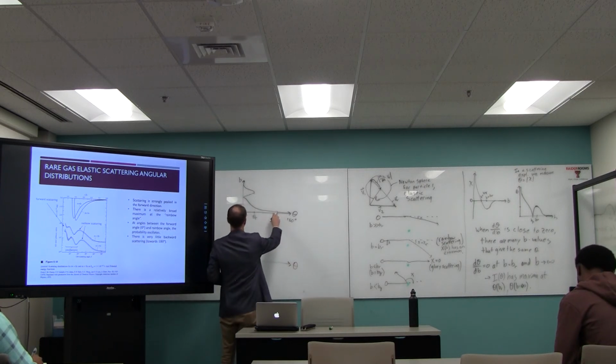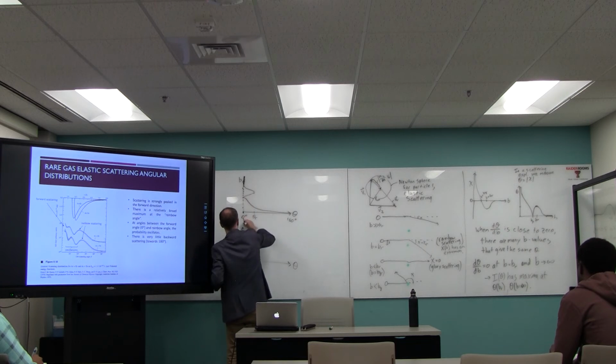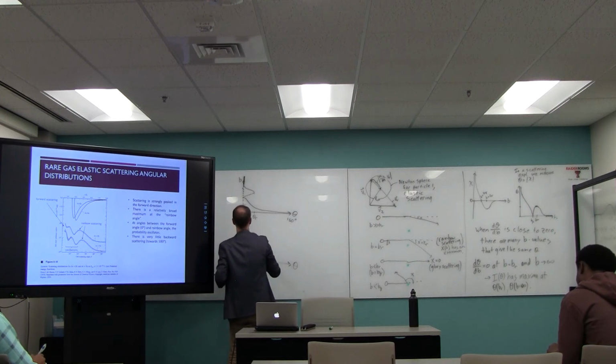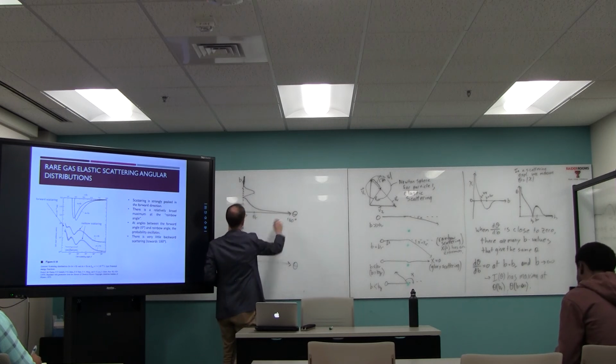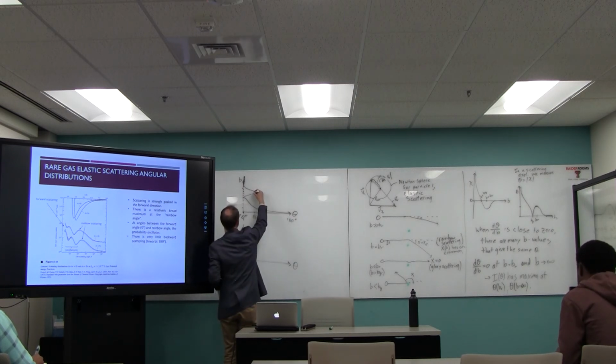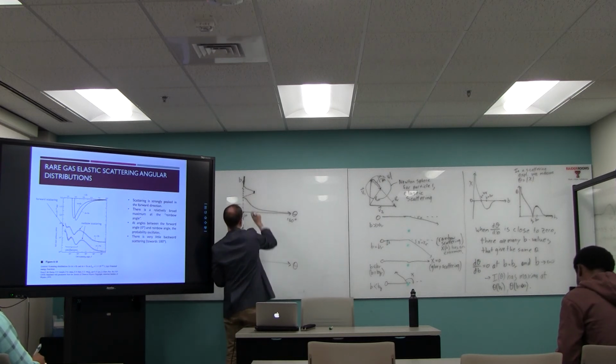Basically all these trajectories, anything higher than this B, are all going to pile up and give you a large value of I at theta equals 0. Large intensity at theta equals 0. That's then going to decrease as you increase the angle. But then there's also going to be a lot of trajectories right here where the slope is, well, in this way it's infinity.